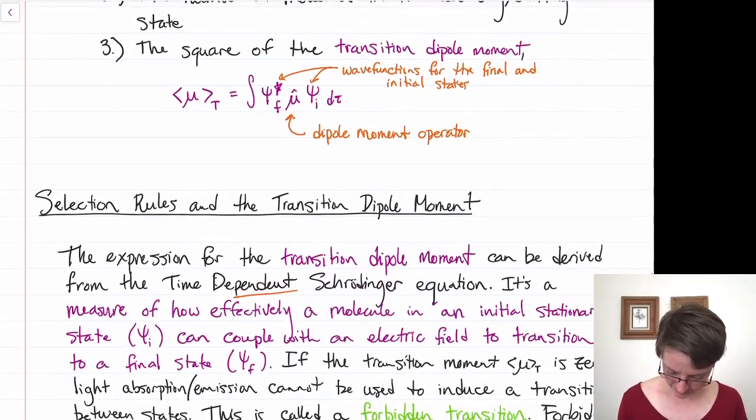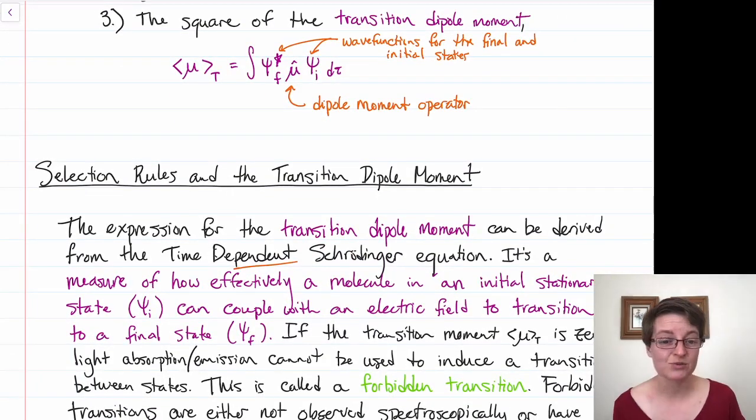However, this transition dipole moment is really new for us and is worth talking about in more detail. The expression for the transition dipole moment is not something we're going to derive in this course. I'm only going to tell you that where it comes from is the time-dependent Schrödinger equation.